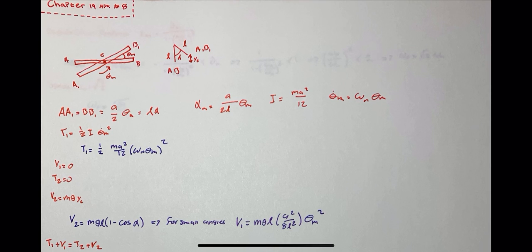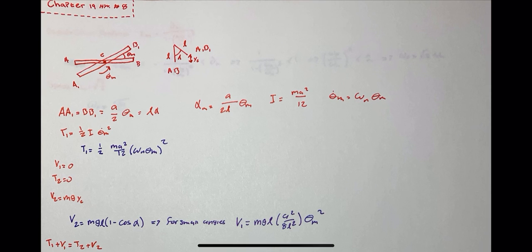And we know that theta dot is equal to omega n theta m. Knowing that and that T1 is equal to 1/2 I theta dot m squared, we can go ahead and combine those last 3 equations and get T1 that is equal to 1/2 ma squared over 12 omega n theta m squared.